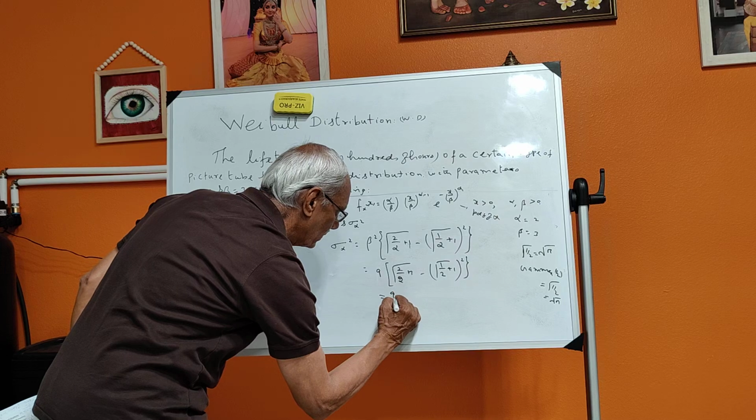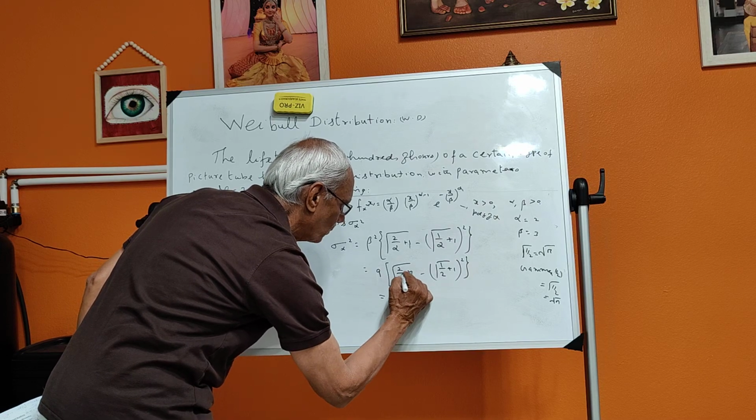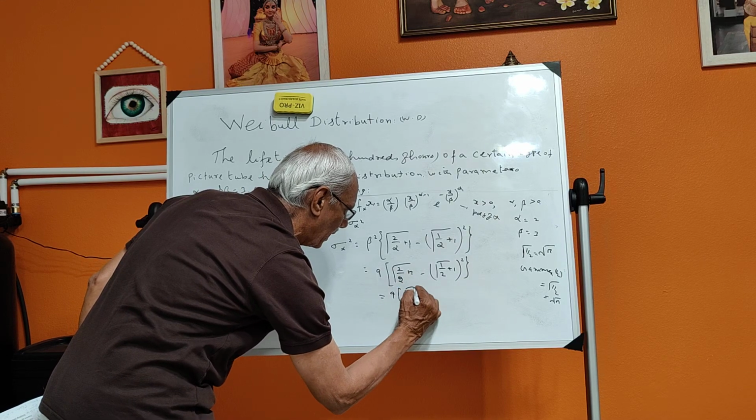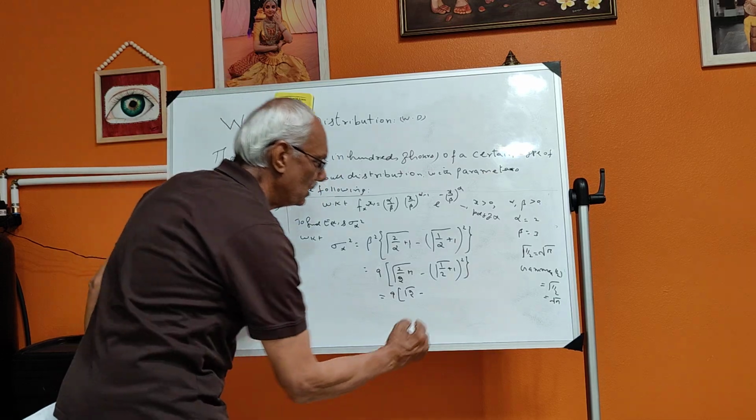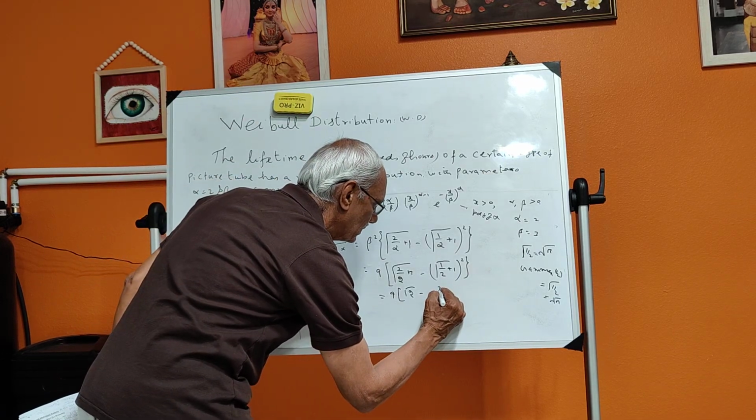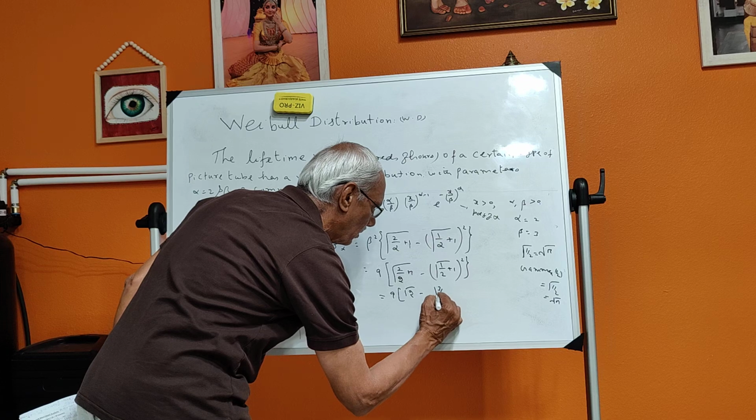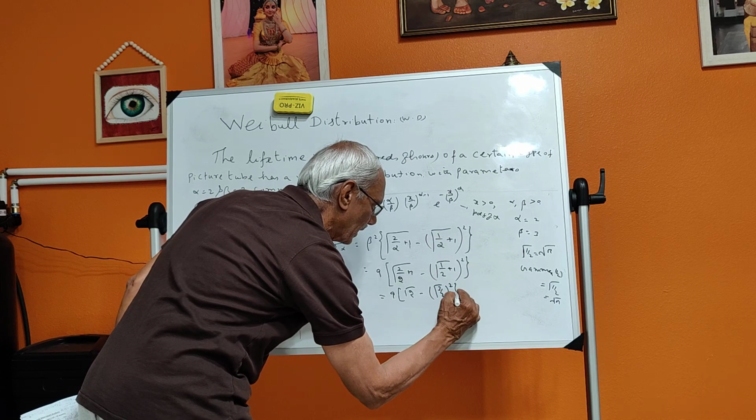So this is equal to 9 into [gamma of 2 minus (gamma of 3 by 2) whole square].